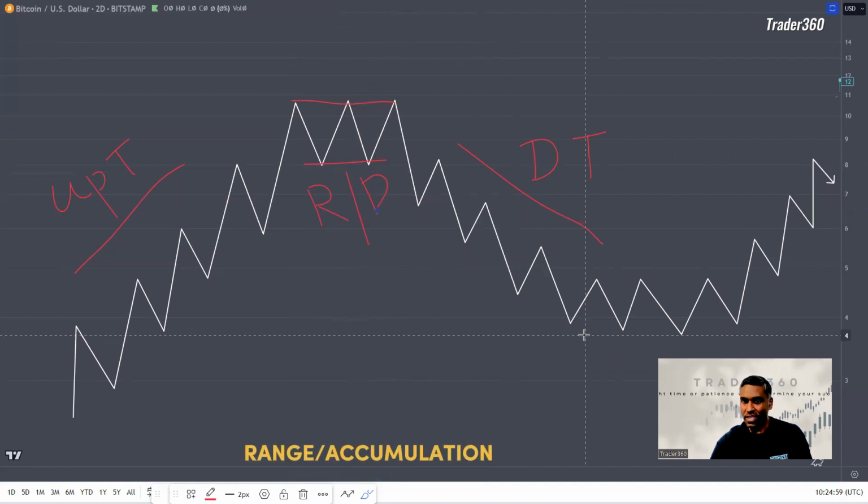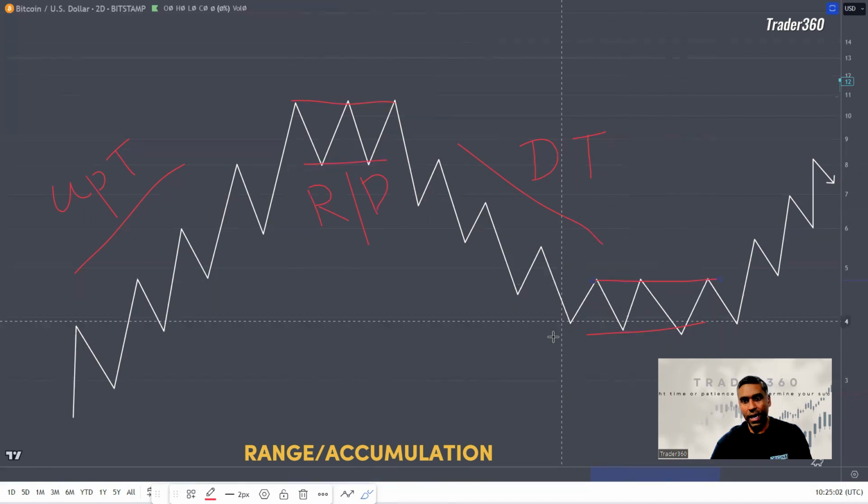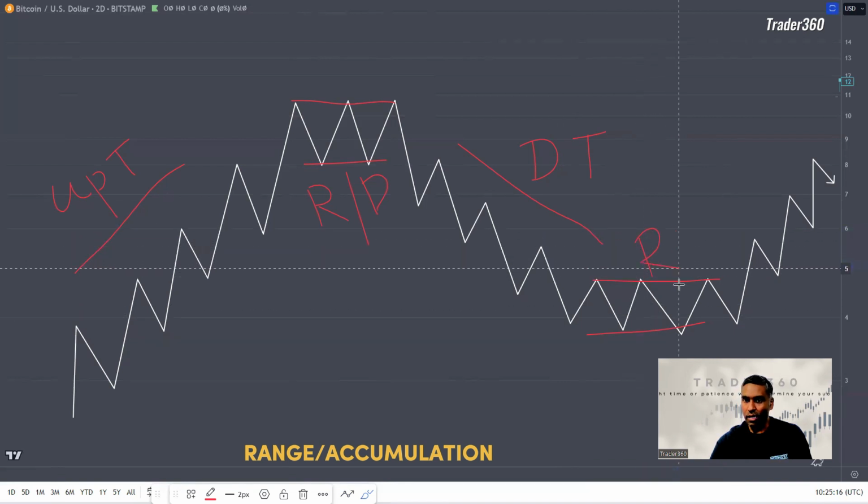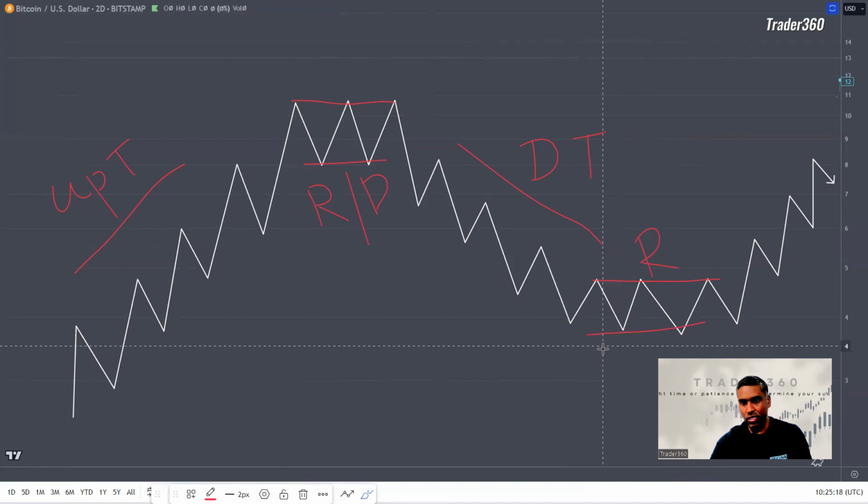And what is this area, where again the prices are moving between two particular levels? They are not going down and they are not going up. This is also a range. And in this scenario, we call it what?